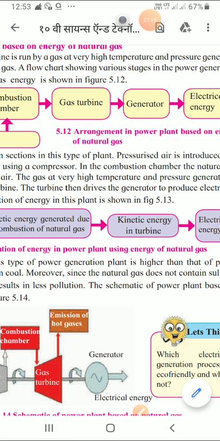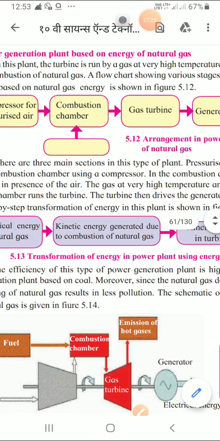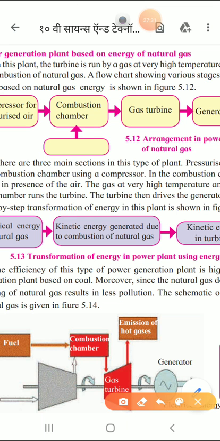So I'll highlight here some points. There are three main sections in this type of plant.